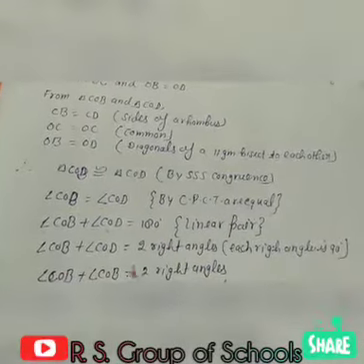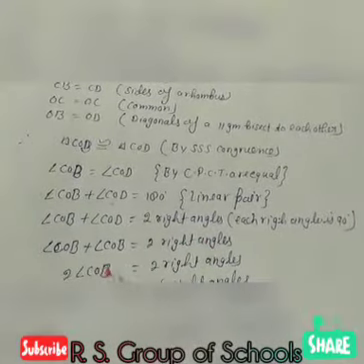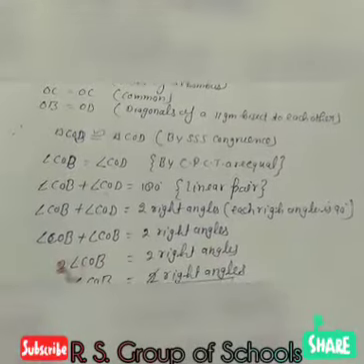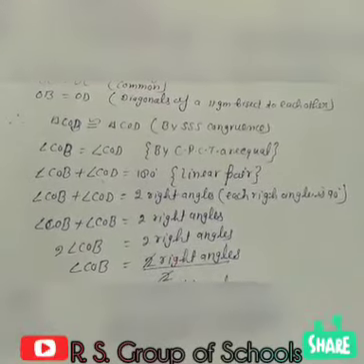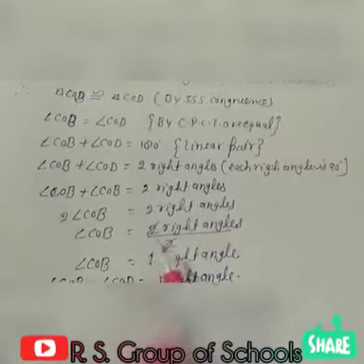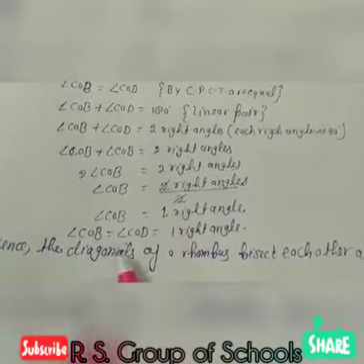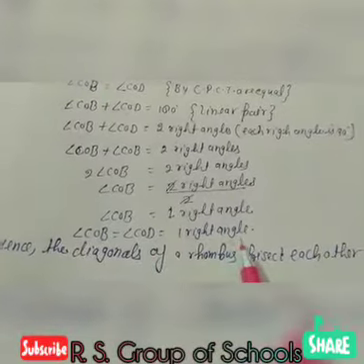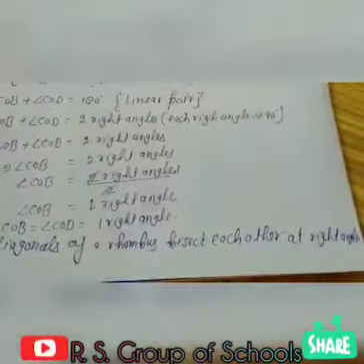So angle COB plus angle COD make two right angles, each right angle is 90 degrees. Adding, two angle COB is equal to two right angles, dividing by two, angle COB is equal to one right angle. Angle COB is equal to angle COD is equal to one right angle. Hence the diagonals of a rhombus bisect each other at right angles. Thank you.